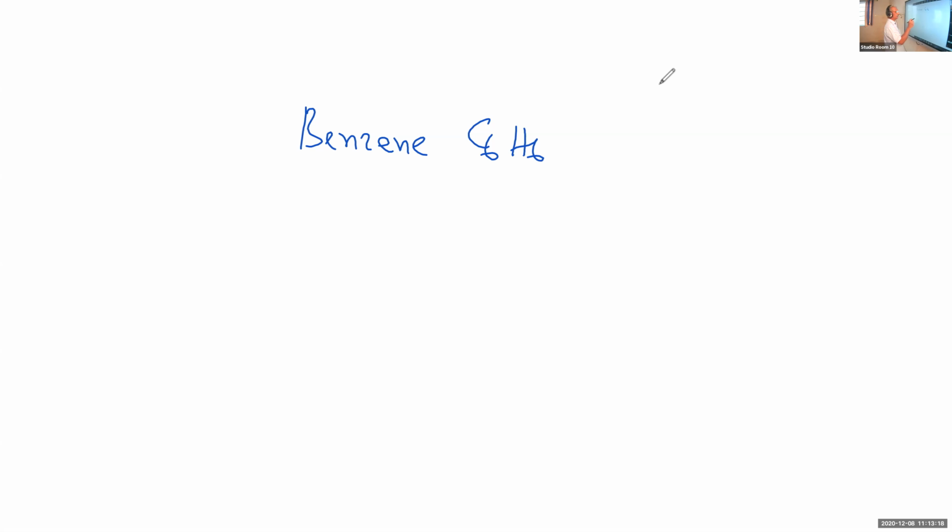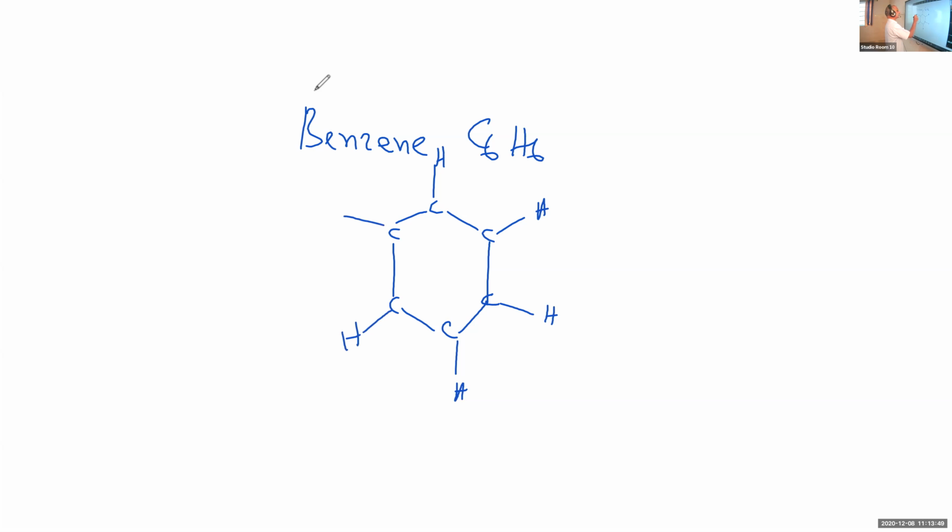In benzene, there is a ring of six carbon atoms, a hexagonal ring, with six hydrogen atoms, one on each carbon atom. So C6H6. This is planar.